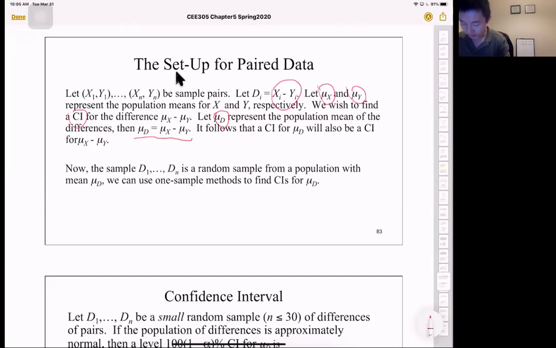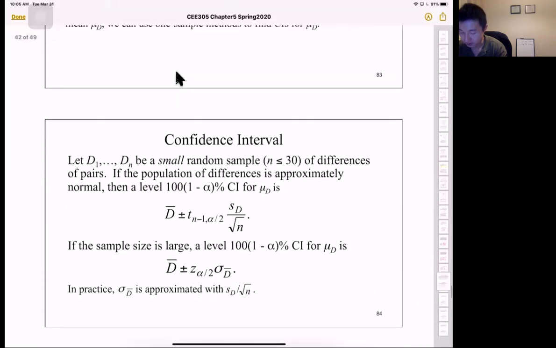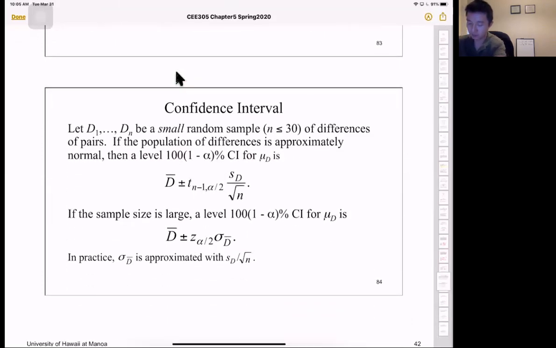So the sample d, which is the differences of the pair data d1 to dn, is a random sample from a population with mean value mu d. Then we can use this set of equations to calculate the confidence interval. Here d1 to dn is a small random sample of pair data.